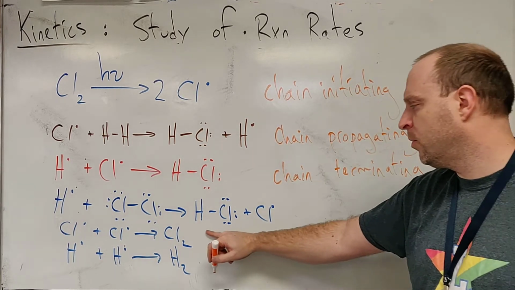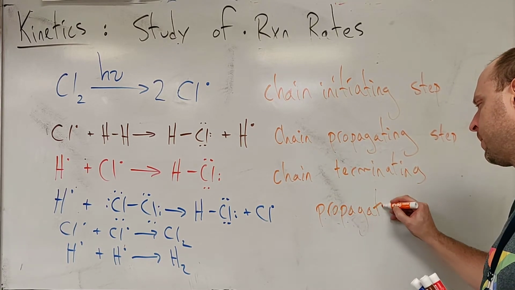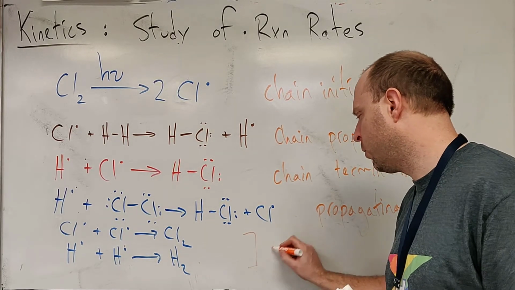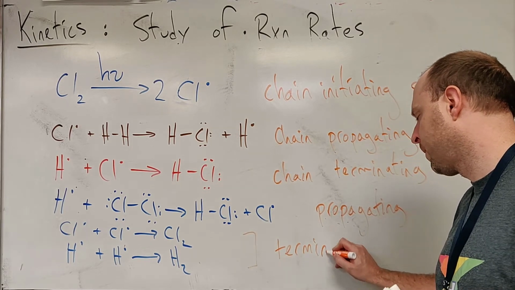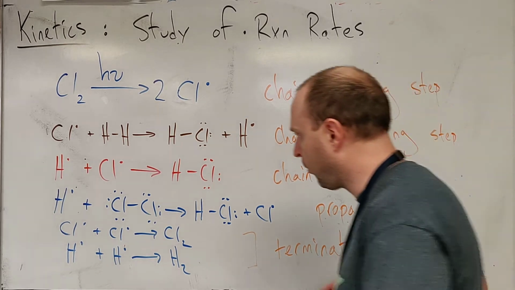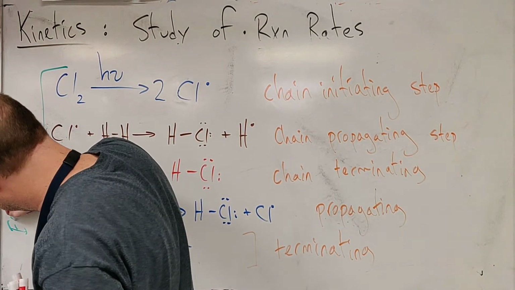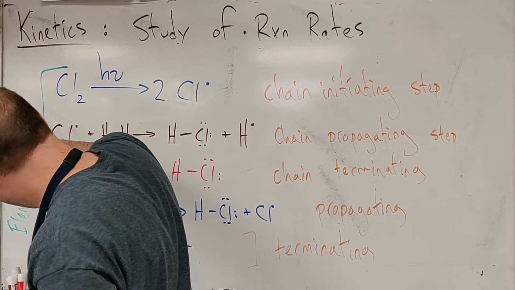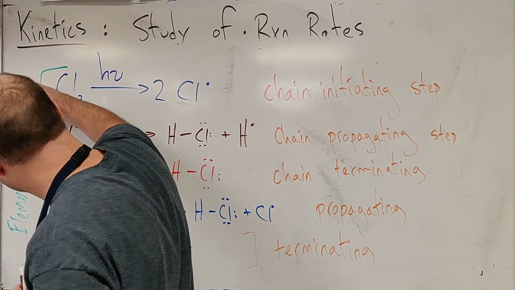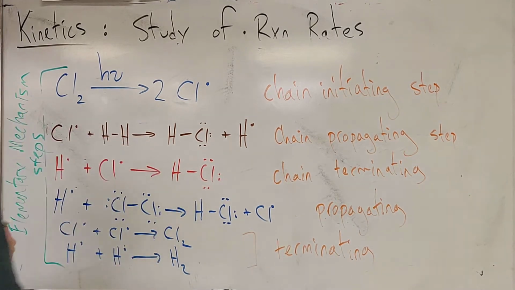And if we follow through, this one would be propagating, and this one here would be terminating. And again, just so we get everything labeled appropriately, these are all elementary mechanism steps. All right, the pieces of the reaction as we go along.